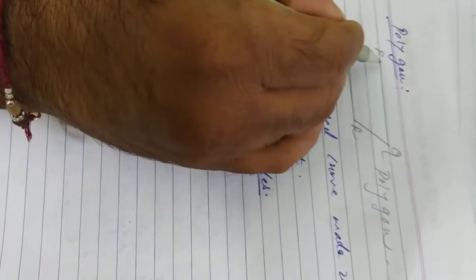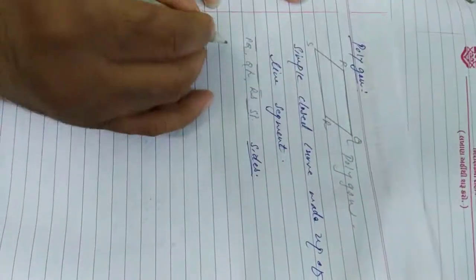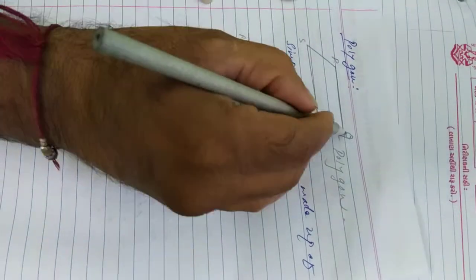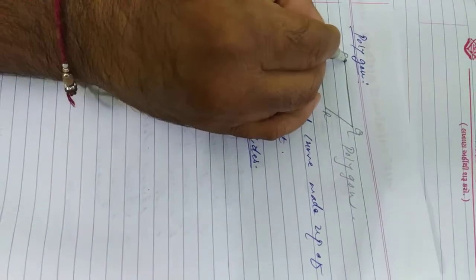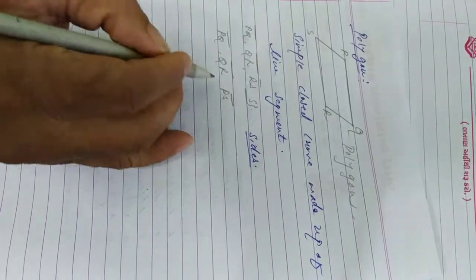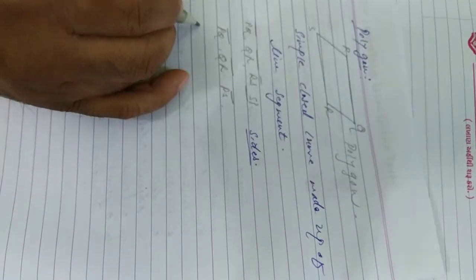Then adjacent sides. Adjacent means continuously, one after another. Suppose side PQ, which is the adjacent side of it? QR, as well as the other side PS, right? In the same way, what are the adjacent sides of QR?